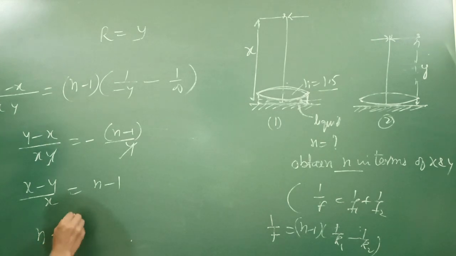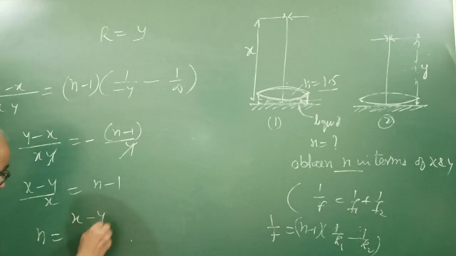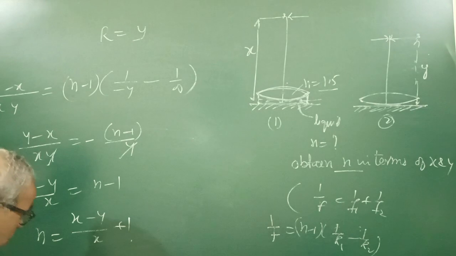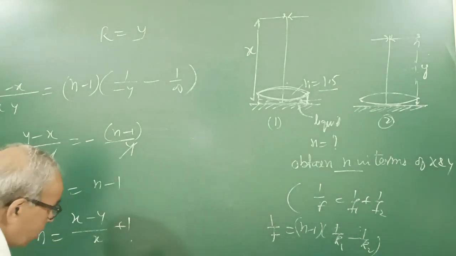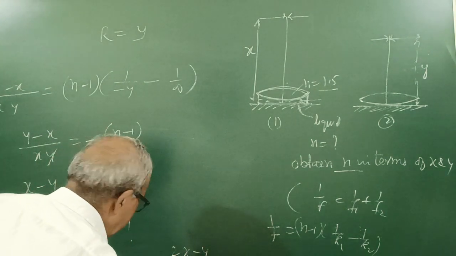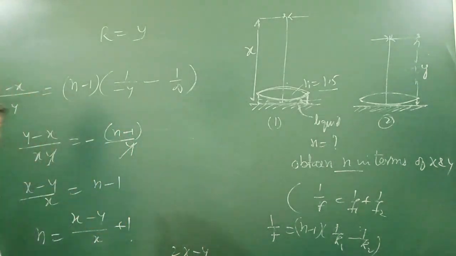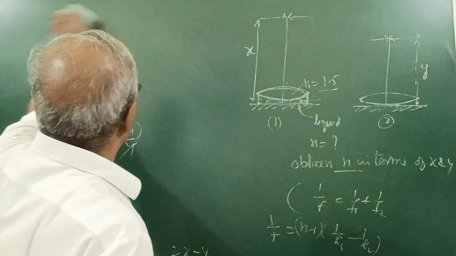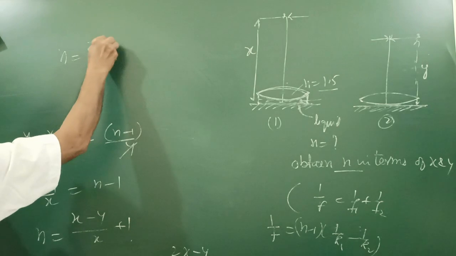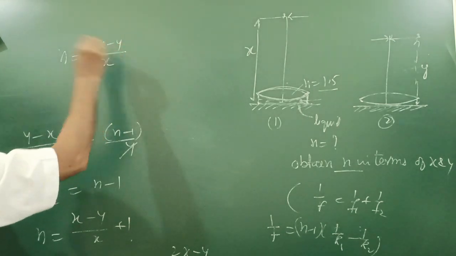So n is equal to x minus y upon x plus 1, which is x minus y plus x, that is 2x minus y upon x. So the value of n here comes out to be n equal to 2x minus y upon x.